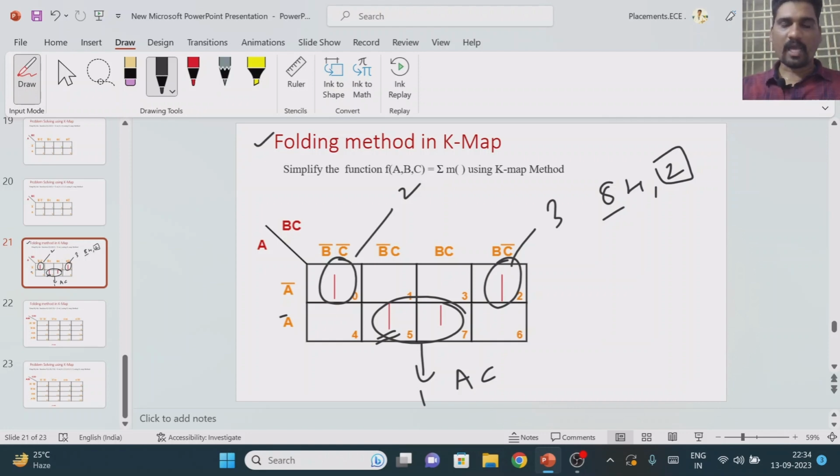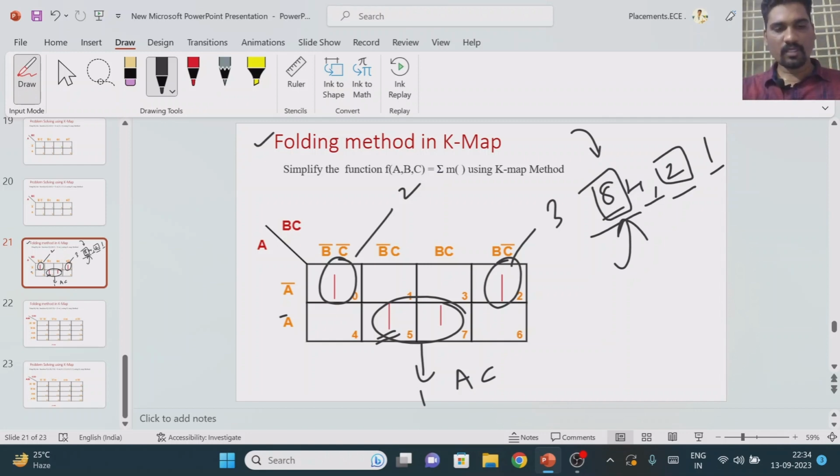Always remember why we start from grouping of 8 ones: if you group as large as possible, we can reduce the function. That's why each time we first check with 8, then 4, then 2, and if not, at least go for 1. The more ones you group, the more the expression is reduced.